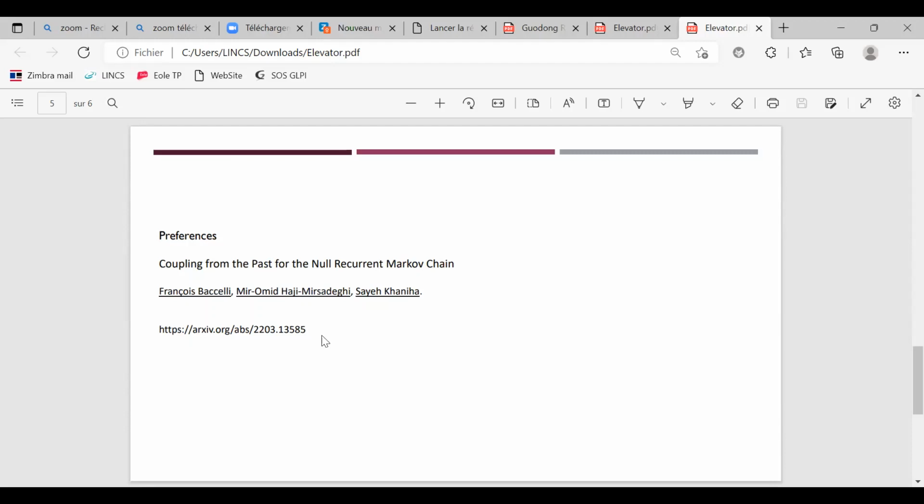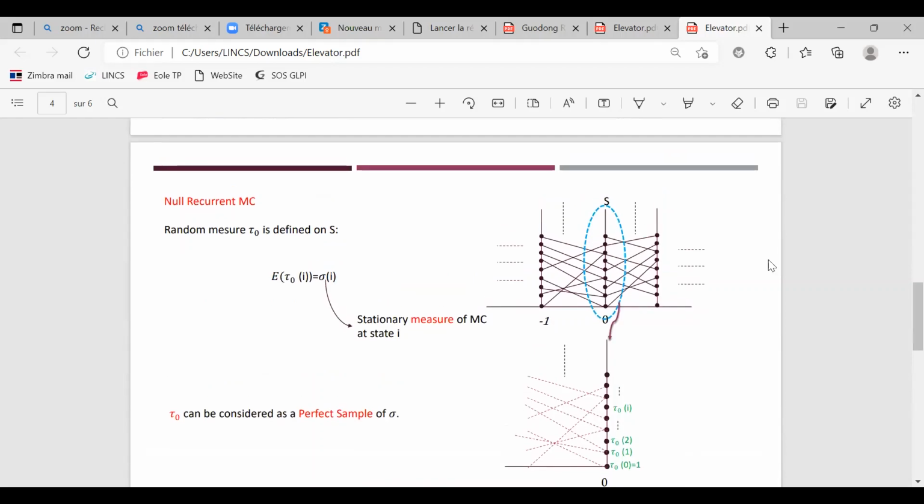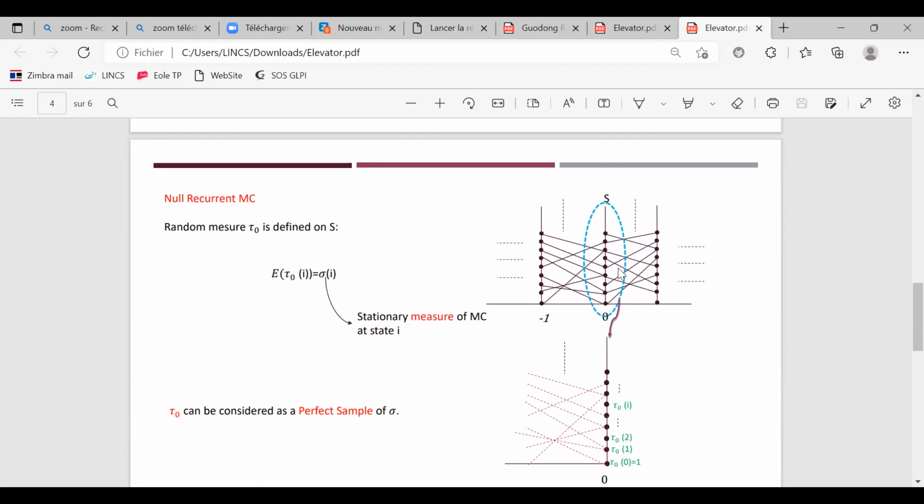Actually, my work was considering the properties of the graph itself, not the perfect sampling, and looking at the difference between this graph in the null-recurrent case and the positive recurrent case, using some properties of random graphs to show that, for example, this intersection is infinite. It is not obvious that when we construct some measure on this set, it is locally finite or something like that.